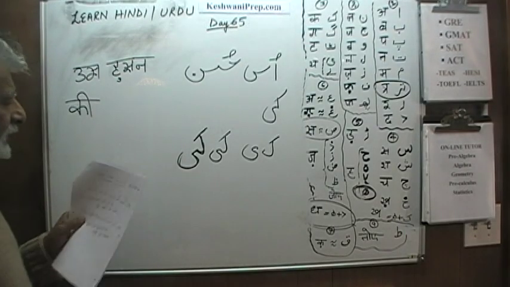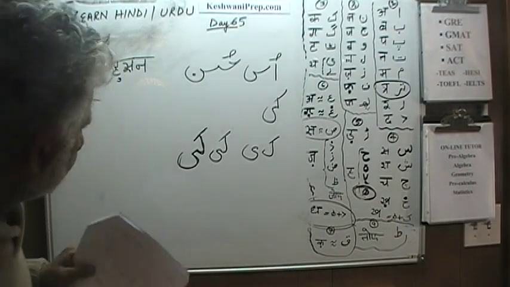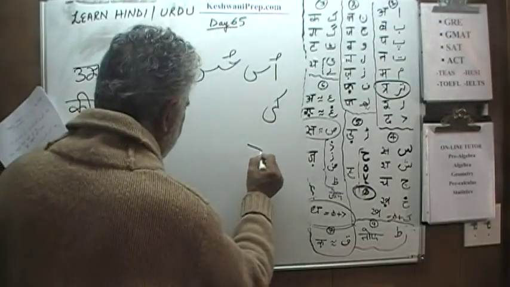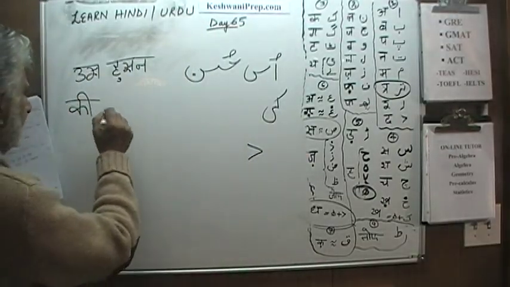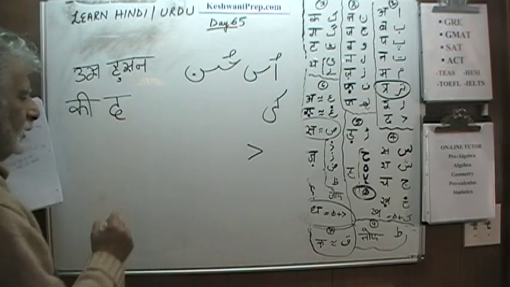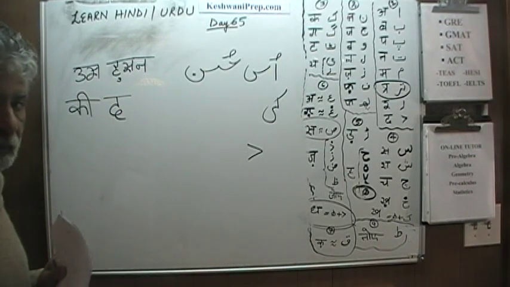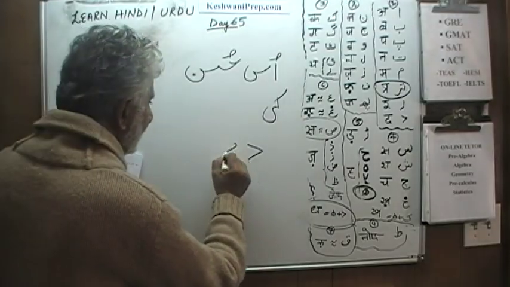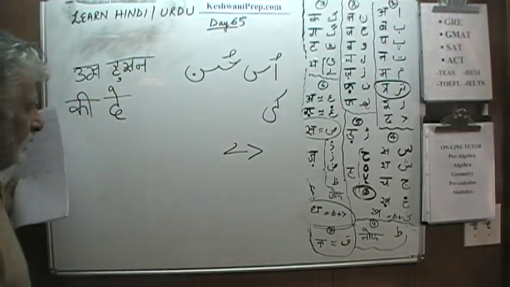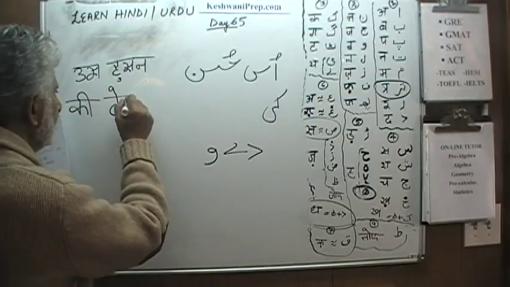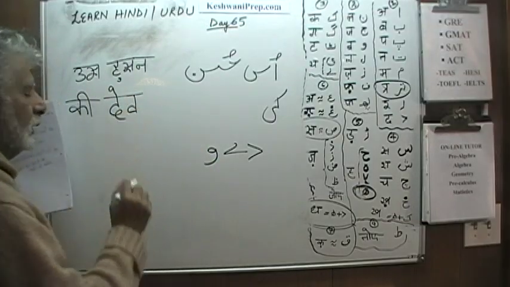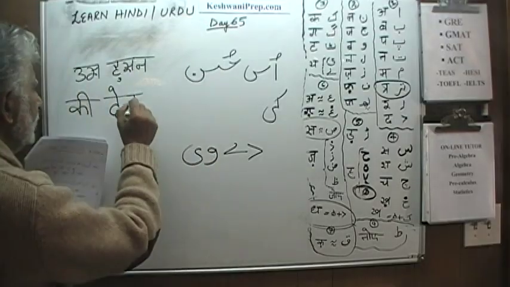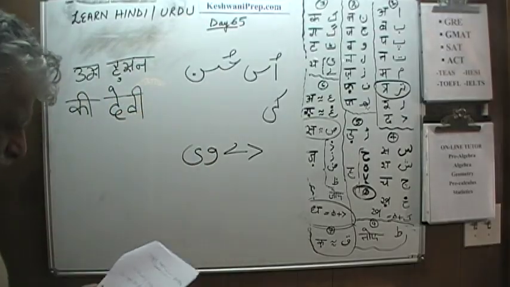Us husn ki. We need a dal, that's a da. We don't need a da, we need a de, ek hi matra. De. Then we need a va. We don't need a va, we need a vi. Badi ki matra. Devi. You know what devi is?